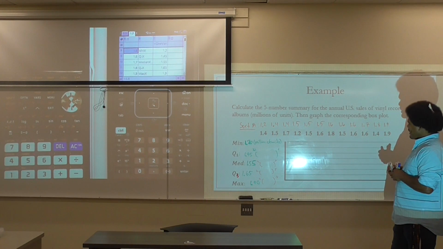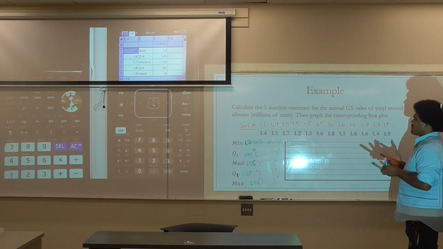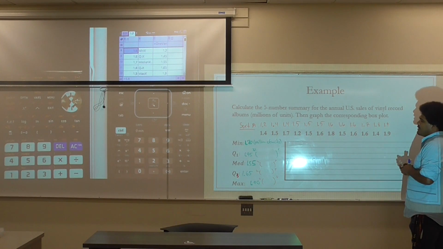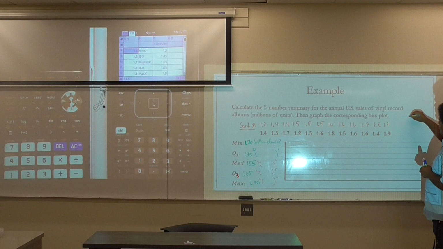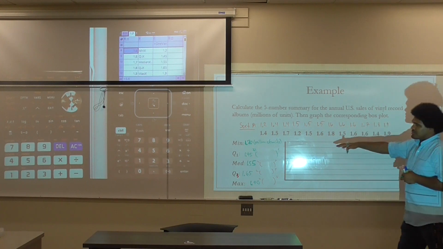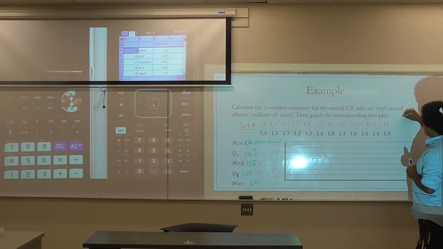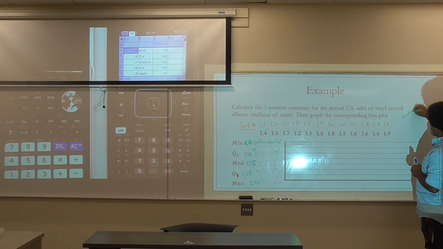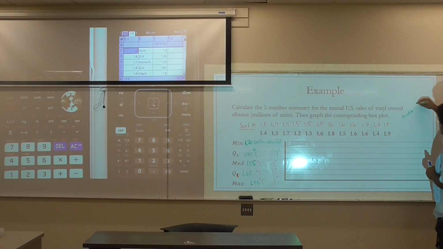But anyways, what we say here is that the median is supposed to be halfway between. For the locator for any of these quartiles or the median, all you do is take the number of observations, which is the sample size, plus 1 extra value, divided by 2.